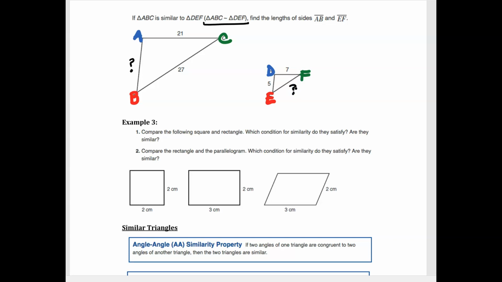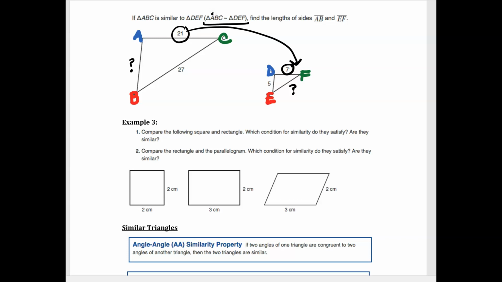So what I would do at this point is I would match up the corresponding sides. So side 21 corresponds to 7. I can see that because I labeled the different letters with different colors and they look like they're the same. The other way to see it would be side AC if we look at the similarity statement.